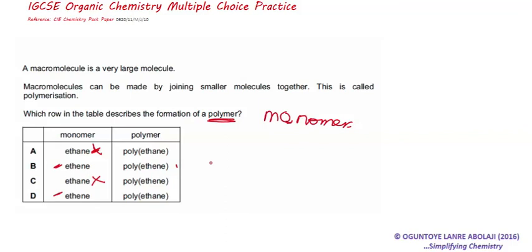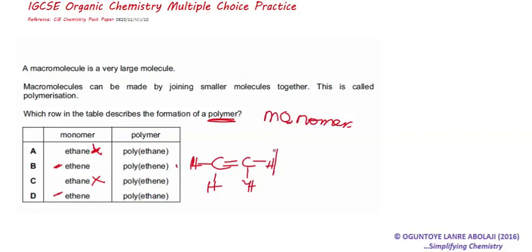Ethene undergoes polymerization. So you have many ethene molecules coming together to form a polymer.